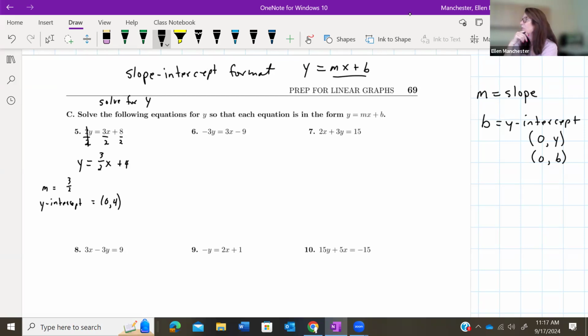Okay, try number 6. Negative 3 times y equals 3x minus 9.